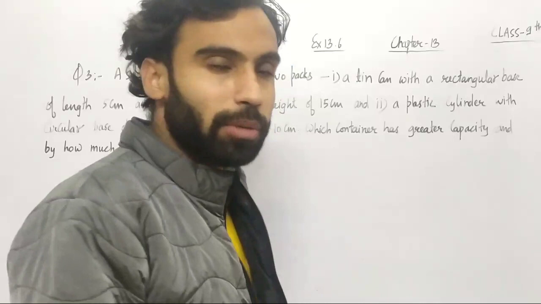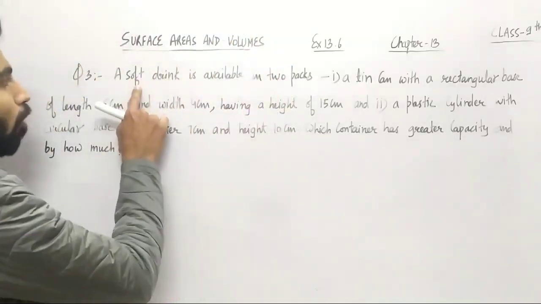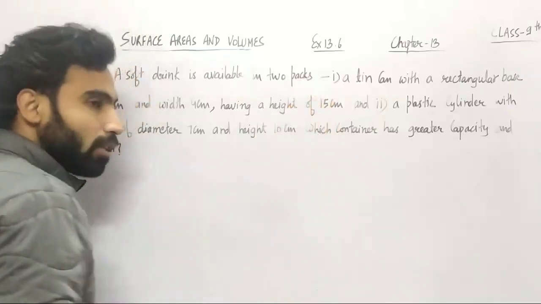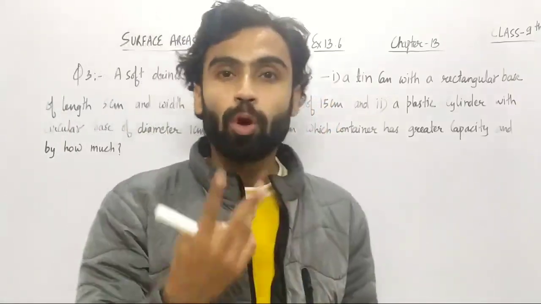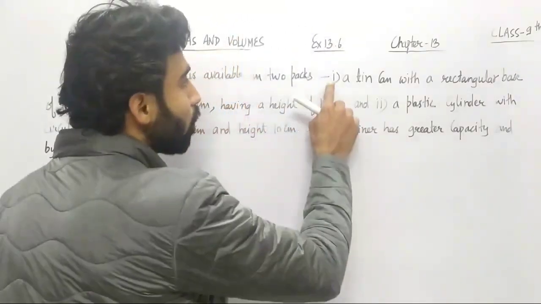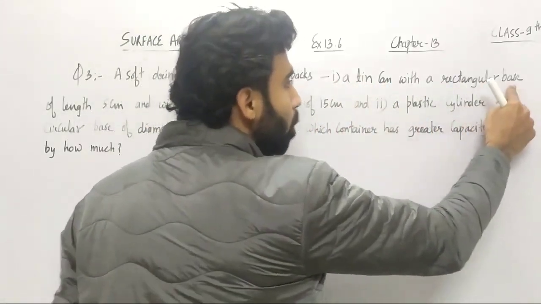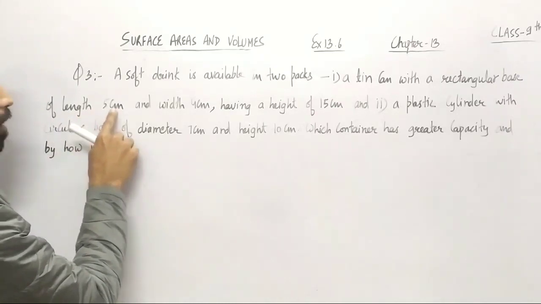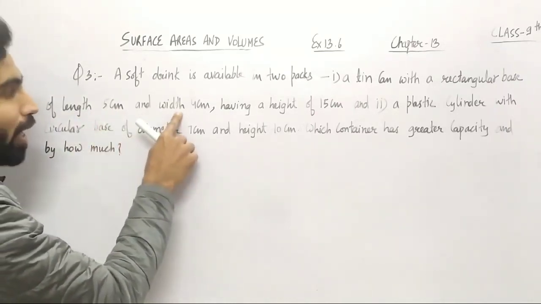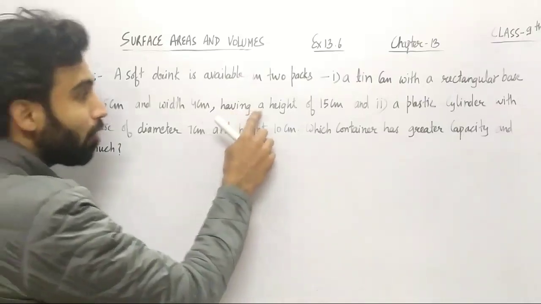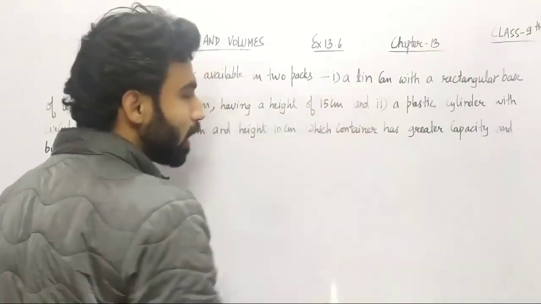So हम देखते हैं इस question number 3rd के अंदर क्या given है. A soft drink is available in 2 packs, right? So एक soft drink जो है वो 2 packs में available है. First is a tin can with a rectangular base, of length 5 centimeter and width, or you can say the breadth, as 4 centimeter, having a height of 15 centimeter, right?